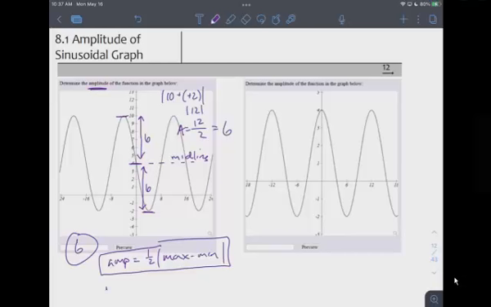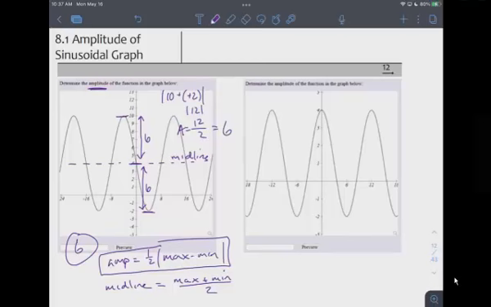The midline is going to be the average of those. If you add those together and divide by 2, that gives you your midline. Now, the midline is easier to find by just taking your vertical shift and adding or subtracting the amplitude, but those are the two calculations involved in this.